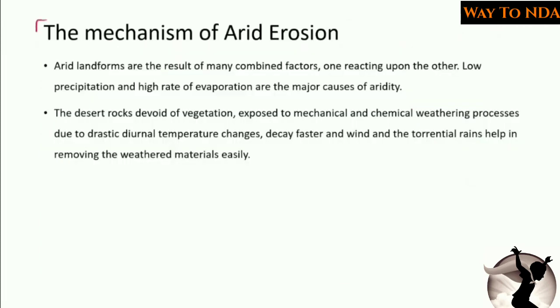Now the mechanism of arid erosion. How is the arid erosion going on? The arid landforms are the result of many combined factors, one reacting upon the other. So each factor is reacting upon the other to create this kind of arid landforms. Low precipitation and high rate of evaporation are the major causes of aridity.